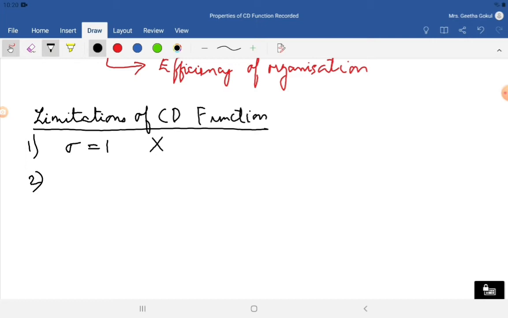Another problem is that of aggregation. Even if you know that each firm produces according to a particular Cobb-Douglas production function, it is not possible to aggregate the production functions across several micro firms. So that's another drawback of the Cobb-Douglas function.